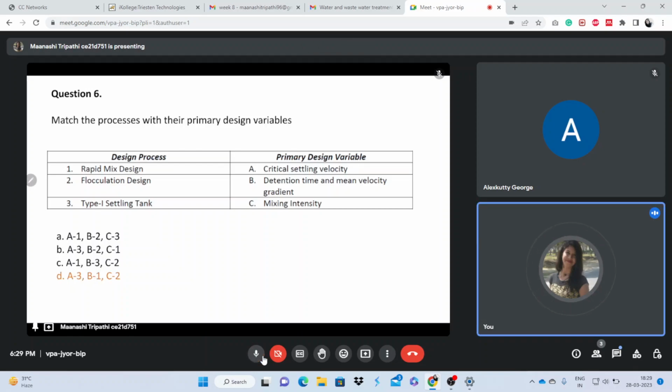We'll see the solutions now. So option D is correct, which says rapid mix design is done by mixing intensity, meaning G values.